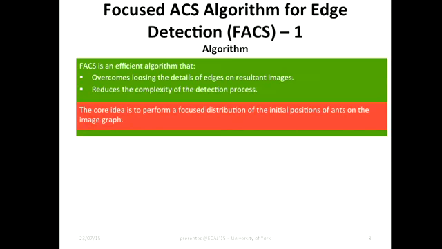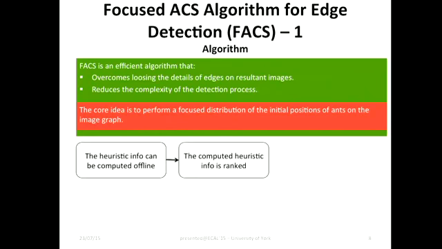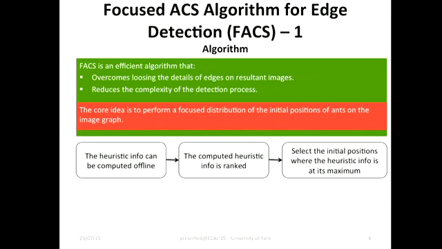How do we select those positions? This works as follows. First, we compute our heuristic information, as shown in the previous slide. This computation is performed offline. Afterwards, we rank our heuristic information, and let's say that we have k ants.